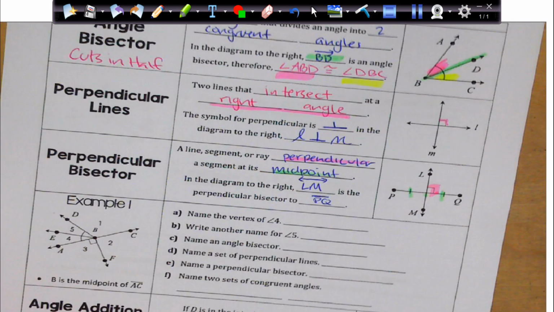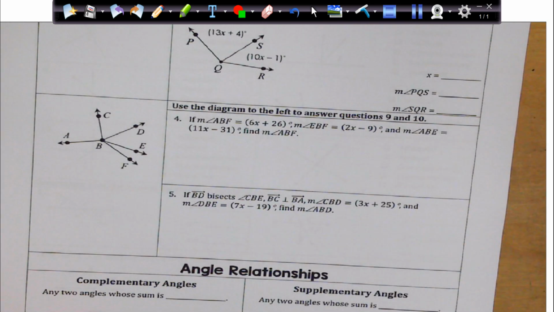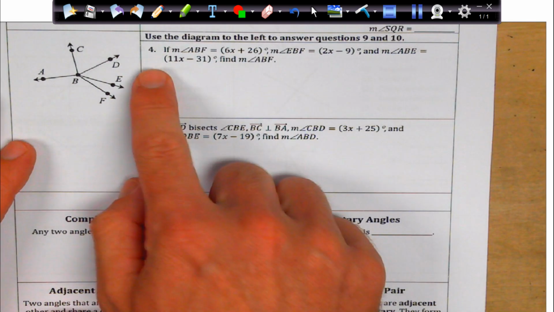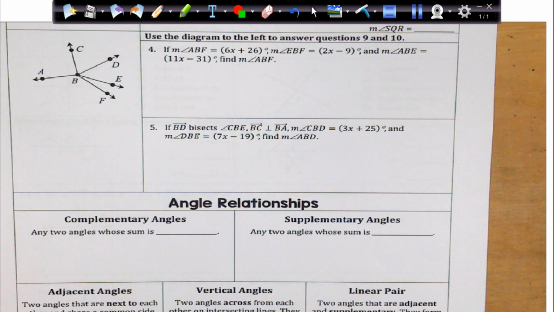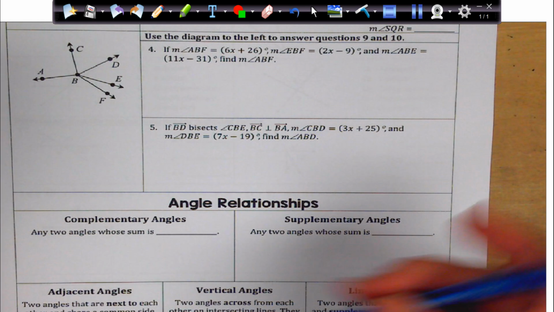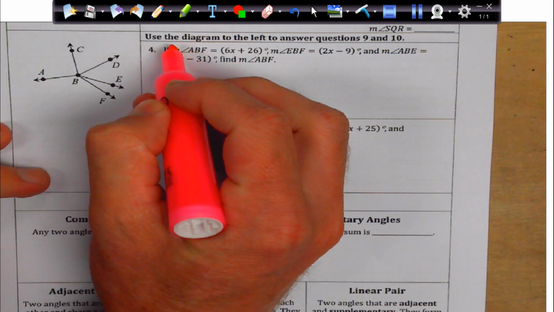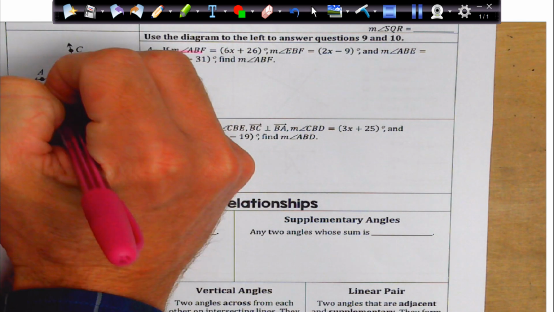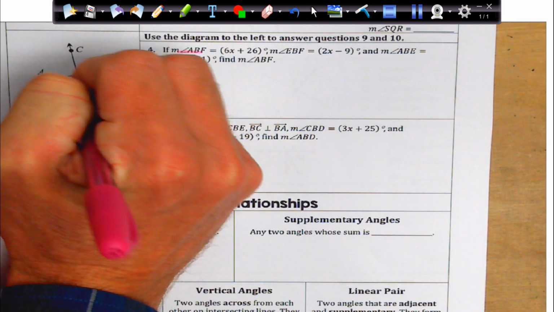We're just basically adding angles up together, which isn't super gnarly. I am going to do one of these from before, just for fun. But we have ABF, so it's good to kind of identify where your angle is. So ABF is this guy right here. And I like to go ahead and put the angle measure inside: 6x plus 26.